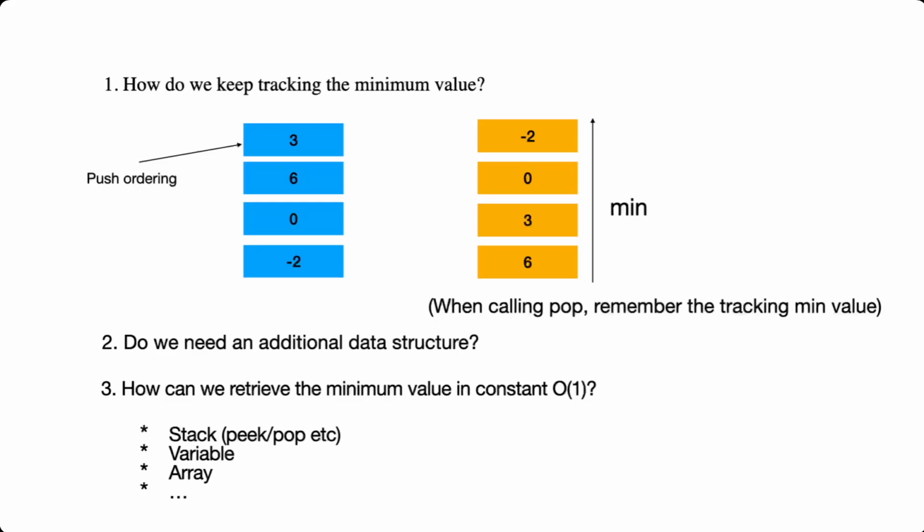There are some data structures like a stack, where the push and pop functions can offer O(1). And, obviously, a variable can offer that. The array can do the constant time complexity as well. So we have these questions and answers in your mind. So I suppose you have some ideas.